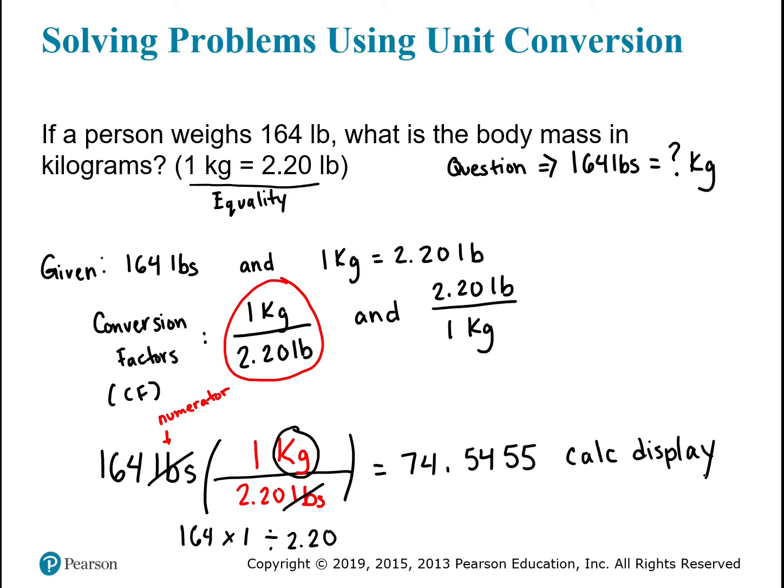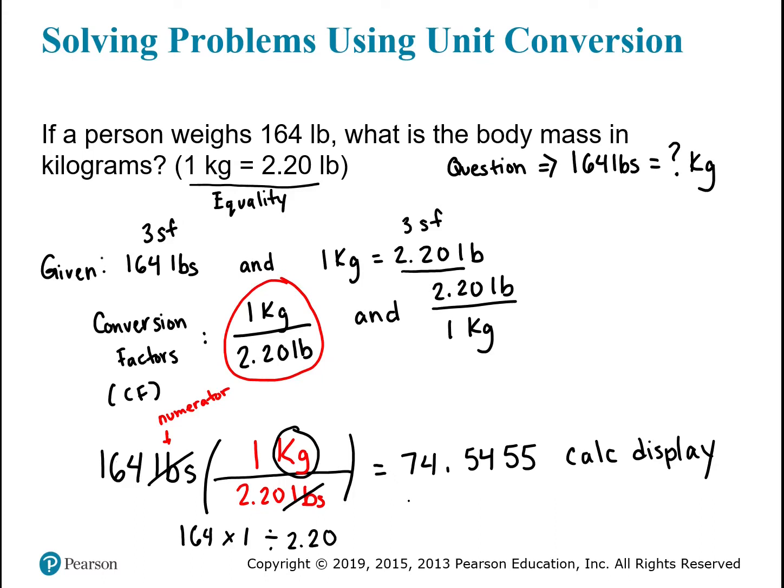Now let's go back to our information. We've got 3 sig figs in 164 pounds. We also have an equality that contains a measurement. This is not a definition that is exact. This is a measured number. There are 3 sig figs in 2.20 pounds.